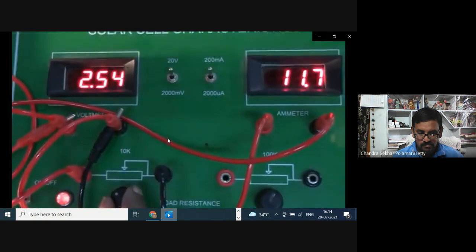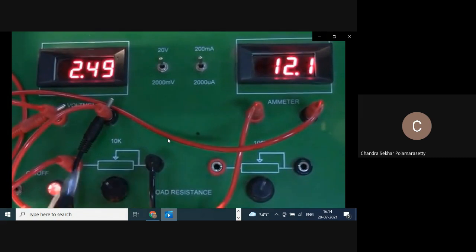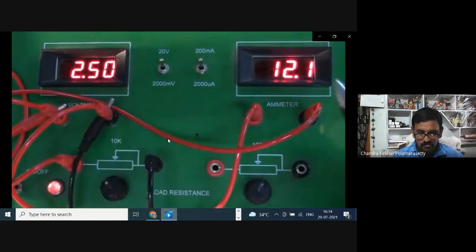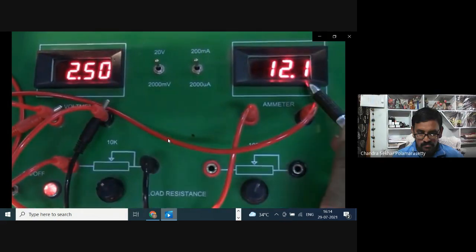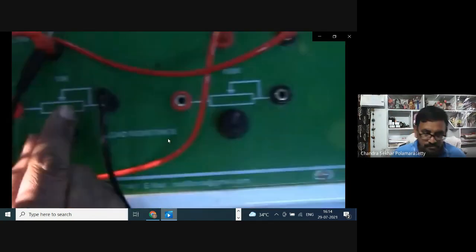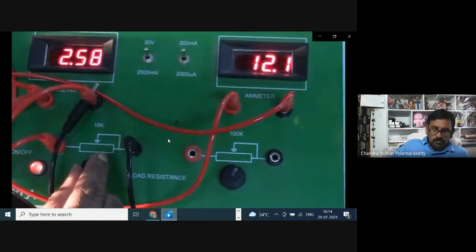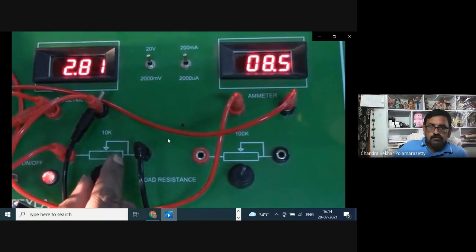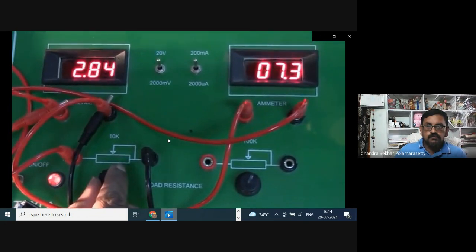Now adjust the load resistance to get 0.5 volts. Here I am adjusting the load resistance in such a way that the solar cell displays 0.5 volts. Yes, it is 0.5. Exactly, you have to get 0.50, right?